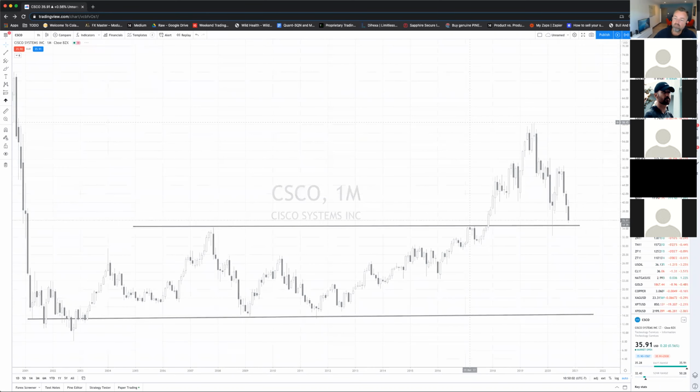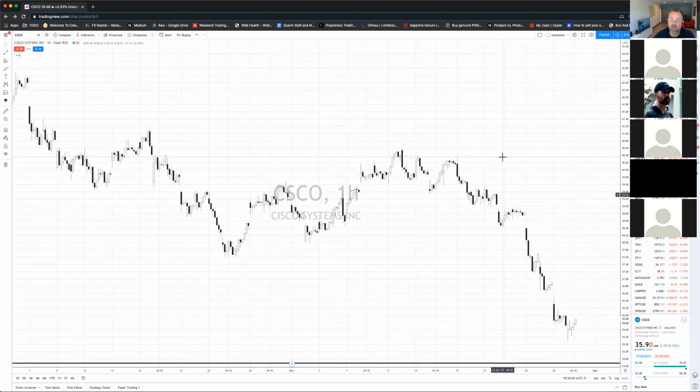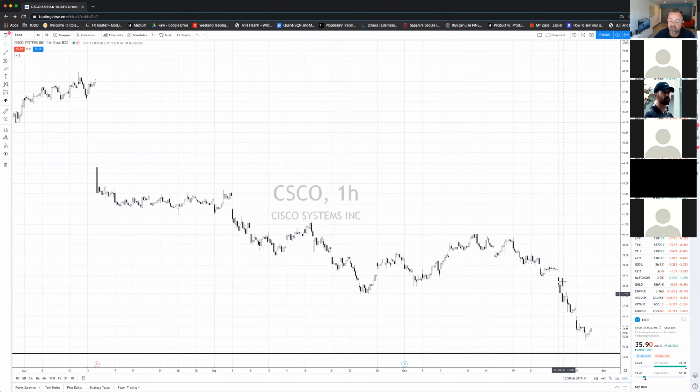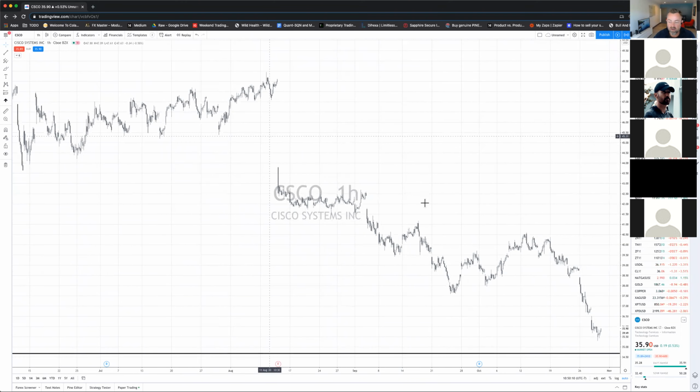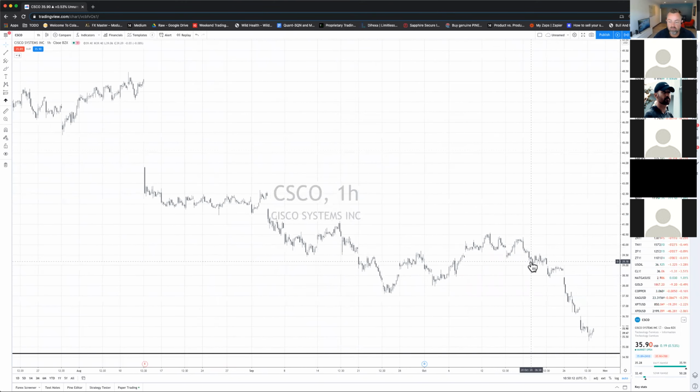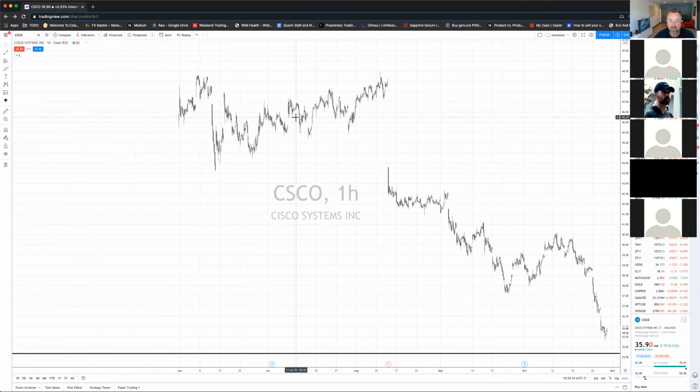So if I know that 34.50 or so is a pretty good likelihood, then now I can start thinking, okay, I want to find a reason to get short on shorter time frames. Right now we're in a downward trend, so on an hourly, what would I want to see?